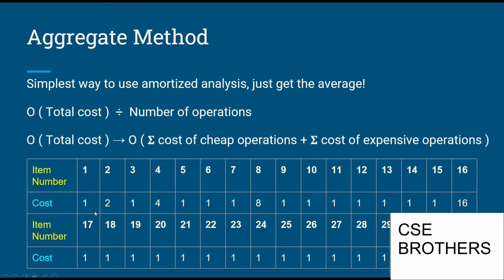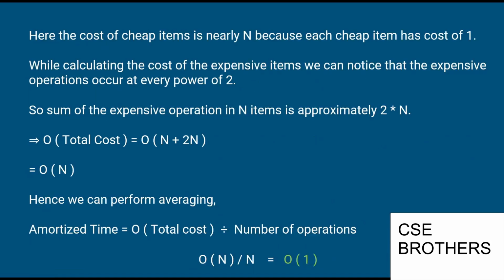For example, 2 power 0, 2 power 1, 2 power 2, 2 power 3, 4 and 5 and similarly. While adding this up, the sum turns out to be almost double the number of elements inserted. So the total cost for expensive operations will be 2n, and the total overall cost will be O of n for the cheap ones and 2n for the expensive ones, which turns out to be O of 3n, that can be represented as O of n.